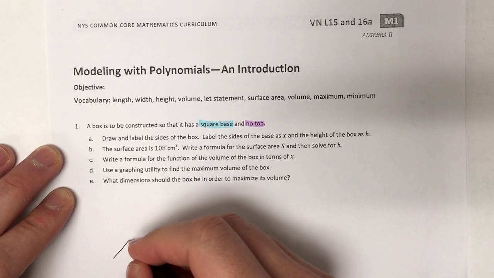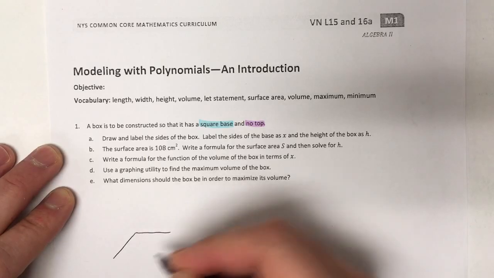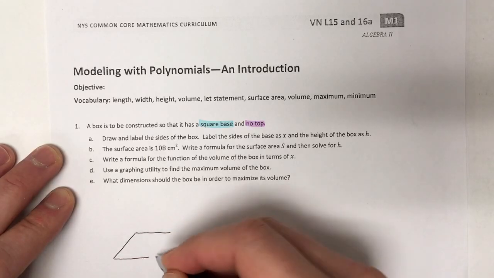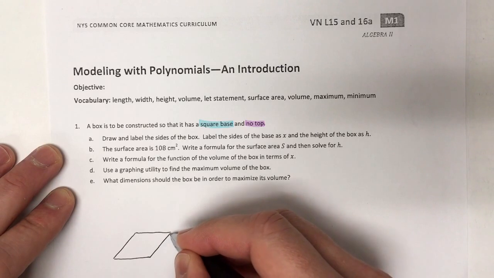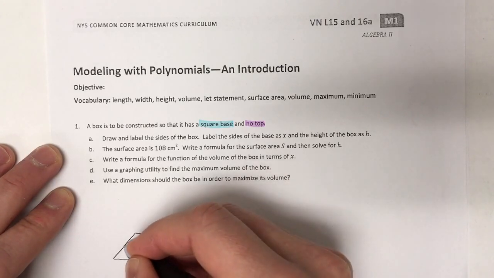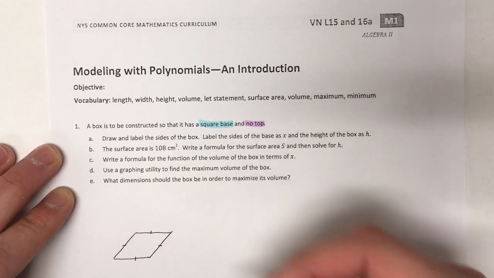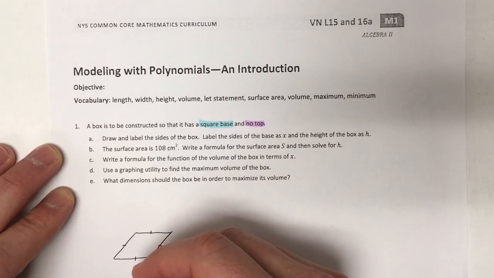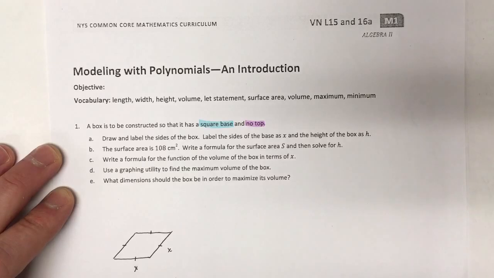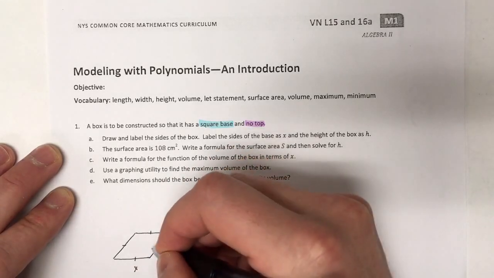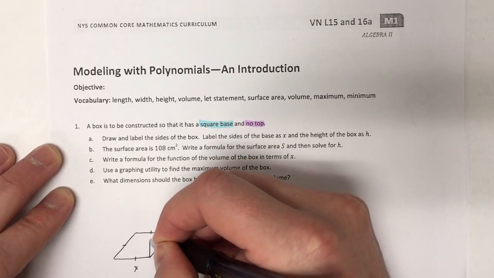Well, the first thing I need to do is make sure that I have my square base. And so what this means is that side length is equal to that side length is equal to that side length is equal to that side length. And each of these values is going to be x. And so dimensionally we've got these x's, and then I need a height of h.